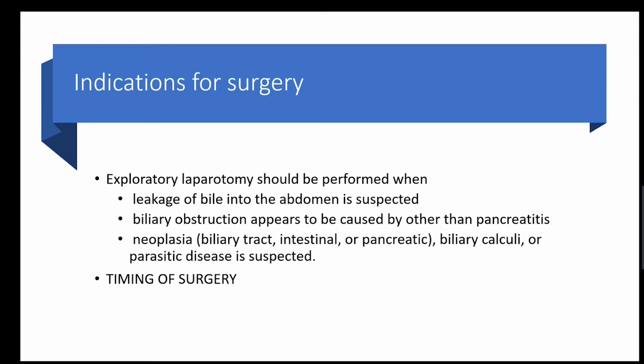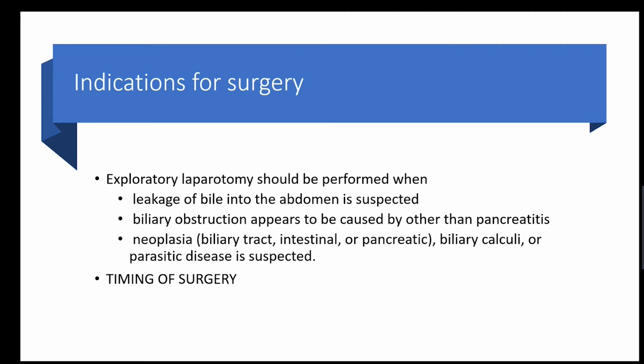If we have evidence that there's biliary obstruction, that's something that can be ascertained by looking at elevations in our total bilirubin, and also ultrasound evidence or imaging evidence of biliary tract obstruction. And usually these obstructions are caused by a reason other than pancreatitis, because pancreatitis is something we generally would give time or medical management to resolve.